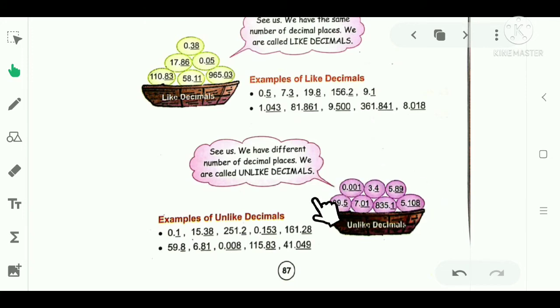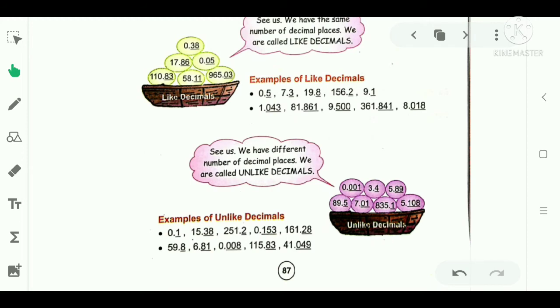It means everything is different after the decimal. In the decimal part, every number has different decimal places, so these are all unlike decimals. No matter how many digits are in the whole part, we only check the decimal part. So this is called unlike decimals.